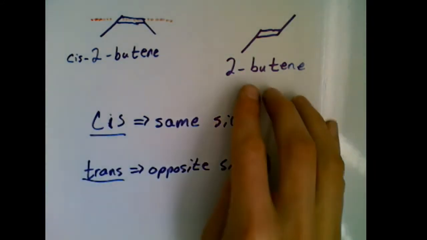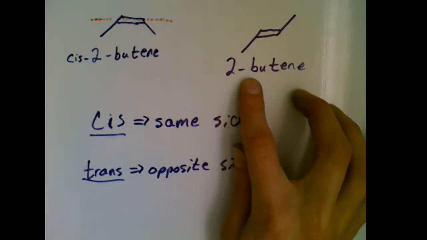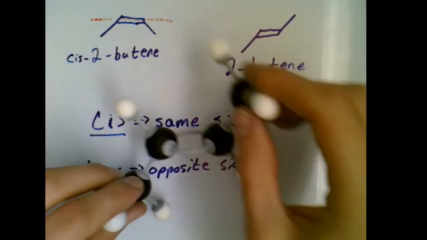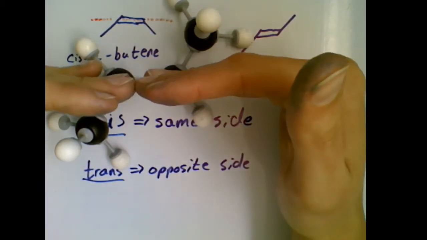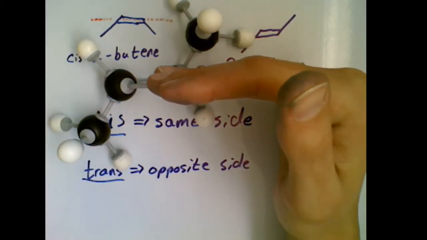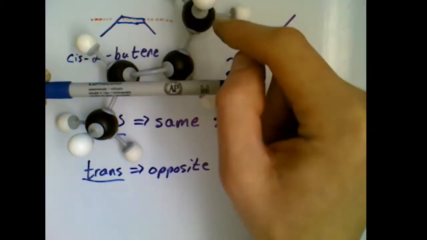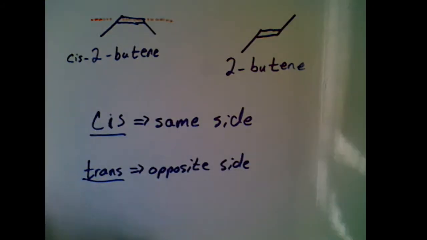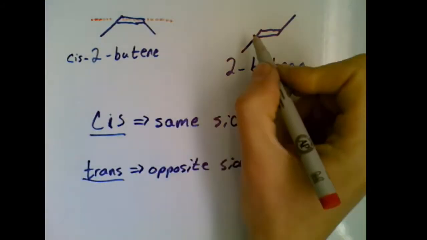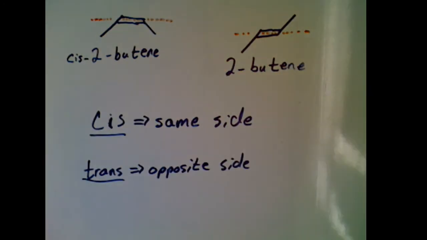So then let's take a look at this example. So in this molecule, if we were to do that same thing, if we were to divide it along the double bond, then what you end up seeing is that the carbon chain continues on opposite sides of that double bond. You could see the same thing if we drew that little line, dividing the two like this.